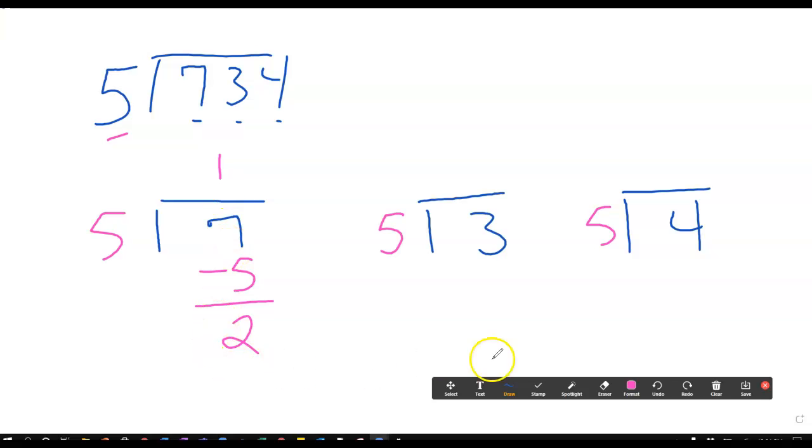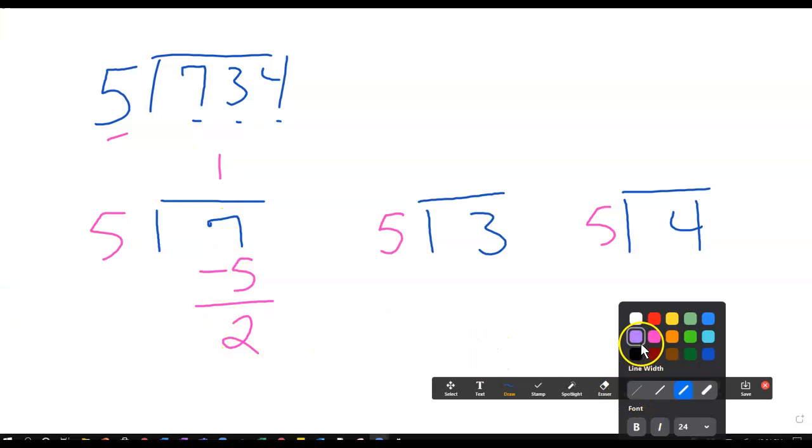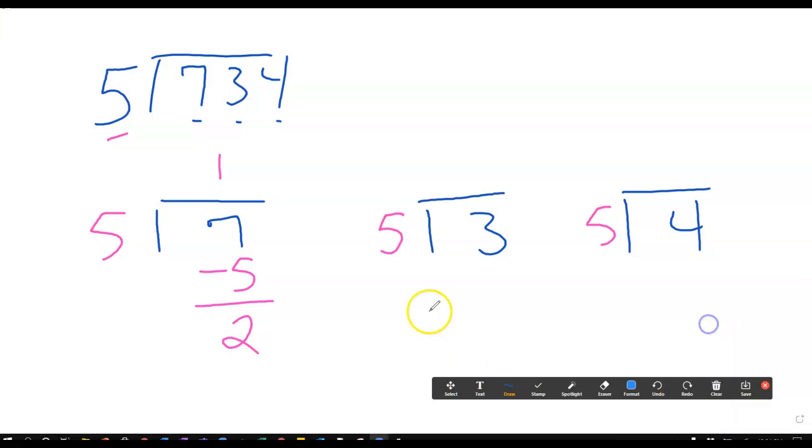All right, at this point, this is why you had to leave a little bit of space for right here. Once you're done, you take this 2, the remainder, whatever the remainder happens to be, and you put it right here. So now we're going to take 5 divided into 23. So I have 23 somethings.